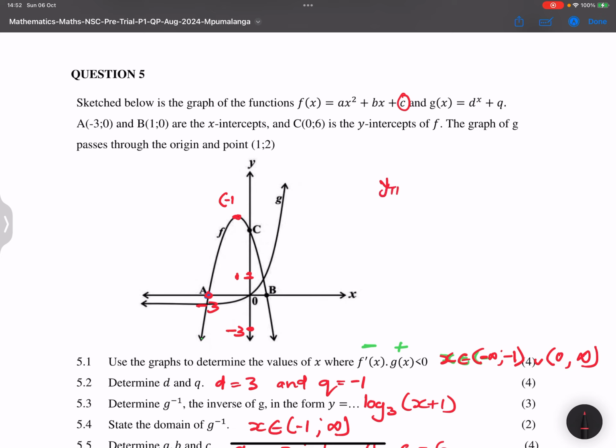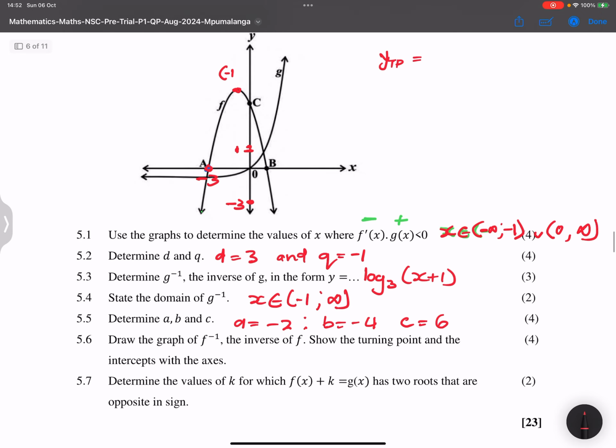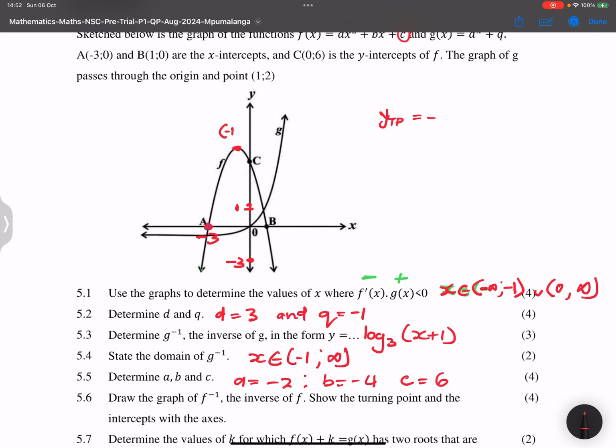So y turning point would be equal to -2 into -1 squared minus 4 into -1 plus 6.